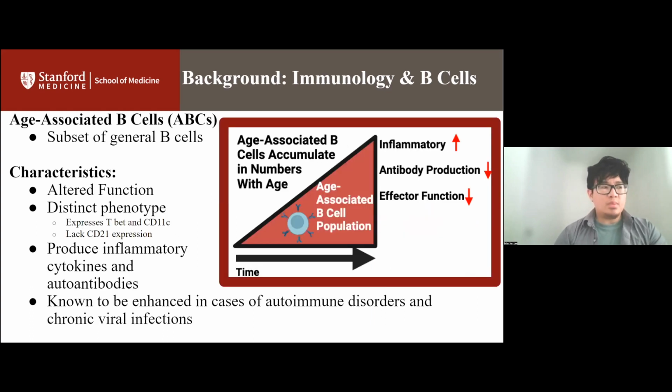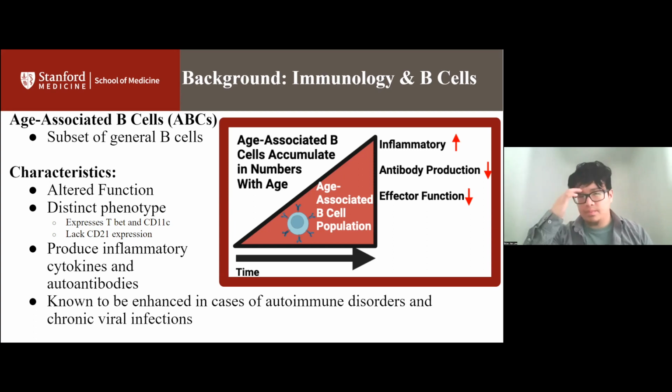So to go into our specific cell of interest, they're called age-associated B cells. They're a subset of these general B cells, and they're actually quite recent in literature, right? We don't really know too much about them, and the heterogeneity of the definitions of B cells is actually quite diverse, just because people are still yet to come to consensus of what is an age-associated B cell.